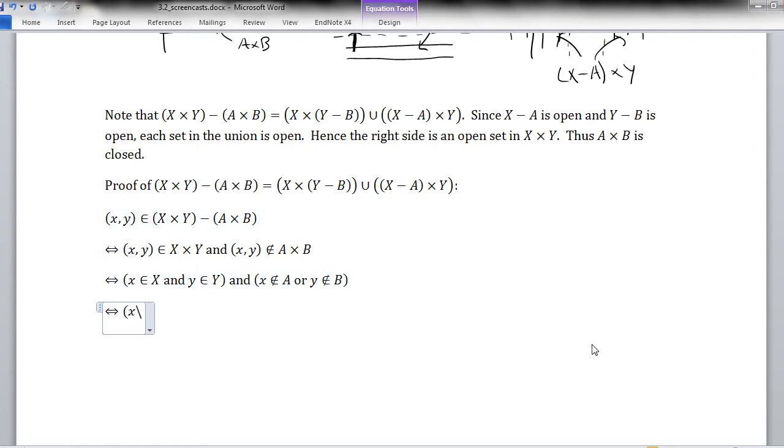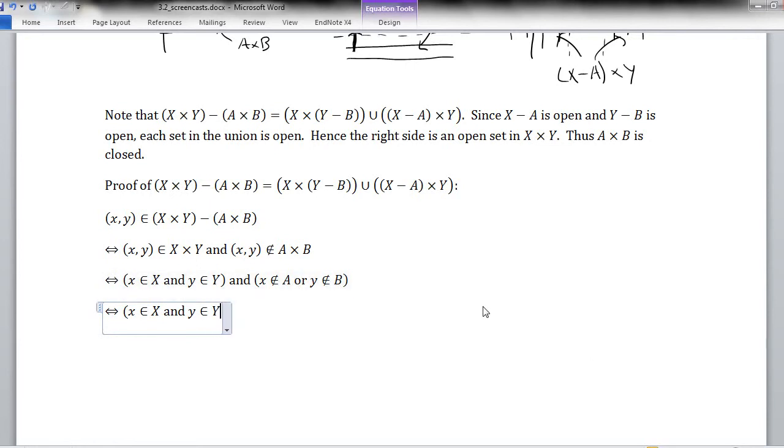Okay, so if x is in X and y is in Y, and one of these is not the case, it could be rewritten as, well, x in X and, I'm sorry, I should say and y is in Y, right?